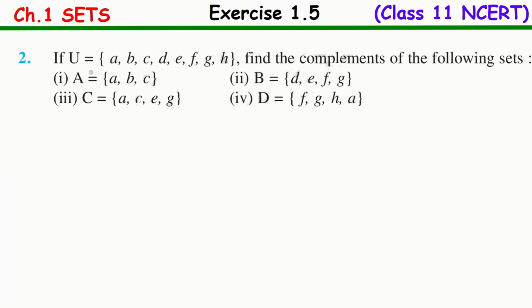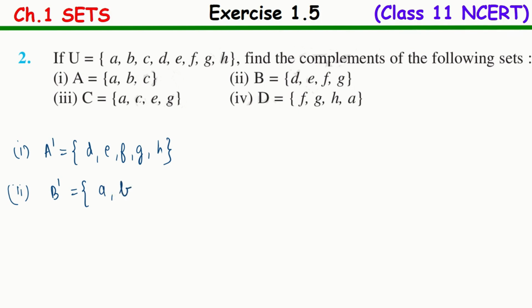The second question is, this is the U set. We have to find the complements of the following. For the first part, let us calculate A complement. Now the alphabets which are not present in A: D, E, F, G and H. For the second part, B complement, the alphabets which are not present in B. A is not present, B, C, D, E, F and G are present, H is not present.